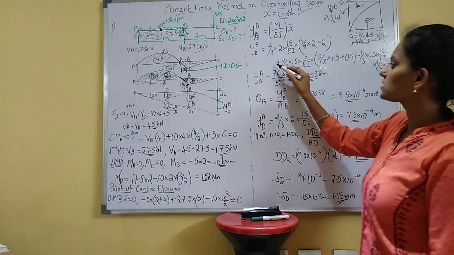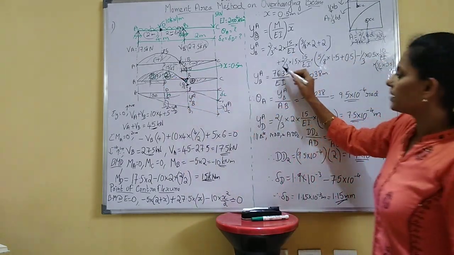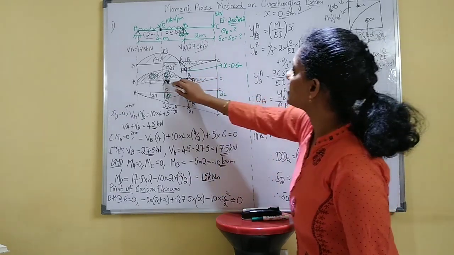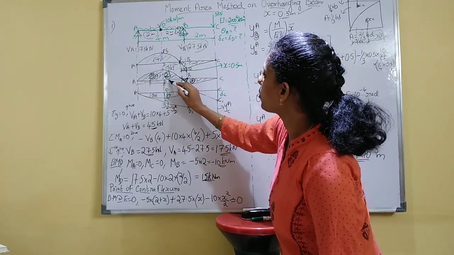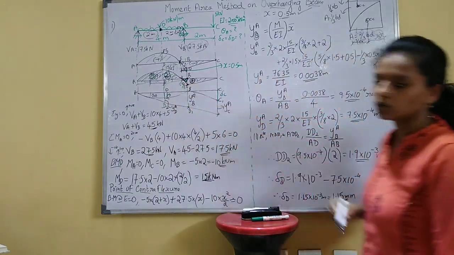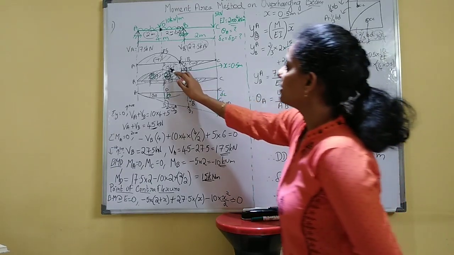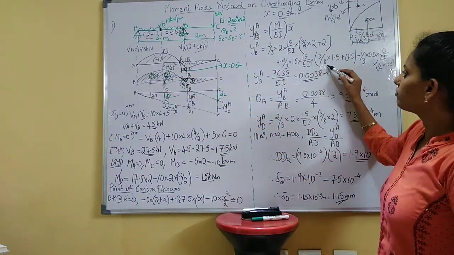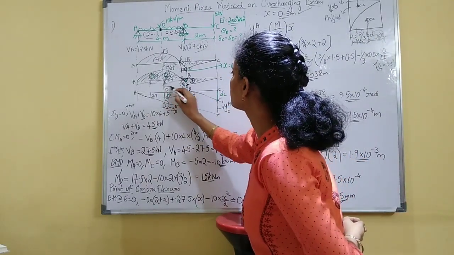Next we'll come to this point, plus again 2/3 of BD. B is here only this point, so this is 1.5, because this is 0.5, so it will be 1.5. So 2/3 of 1.5 into height, which is 15 by EI. Next 5/8. Just mark it here.